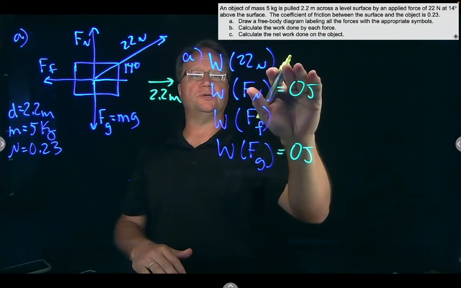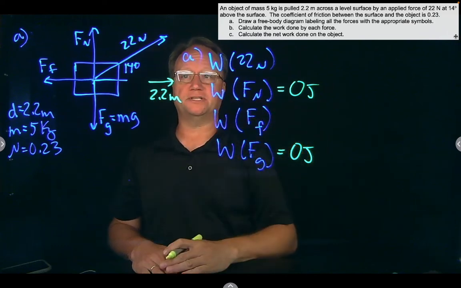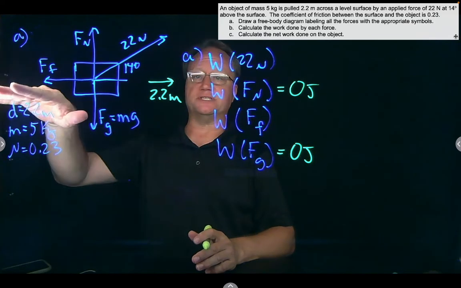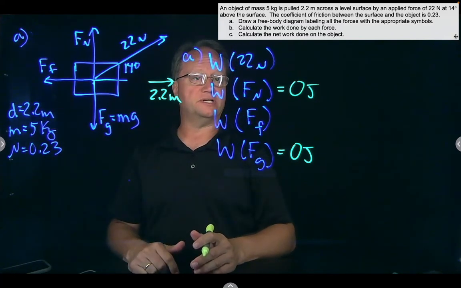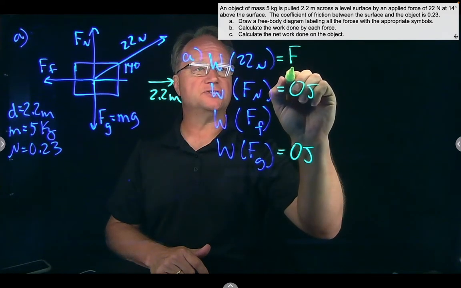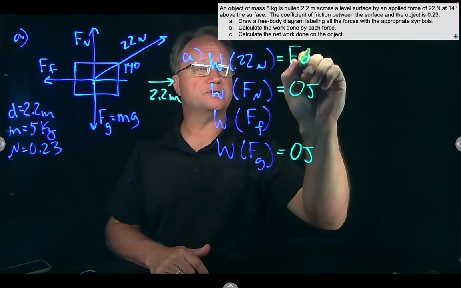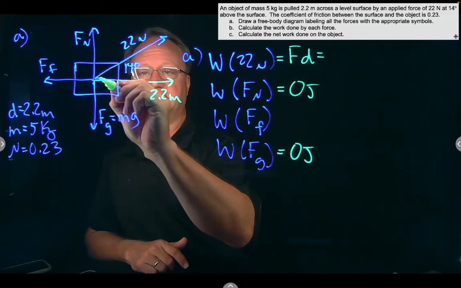The 22 newtons, though it's at an angle, it does have a component that's horizontal, and so it will do work. Friction, even though it's in the opposite direction, it's still horizontal. It will also have work done. So then work is F times D. So this would be that force times the displacement, but we need the component.